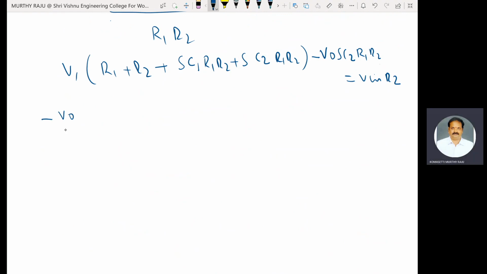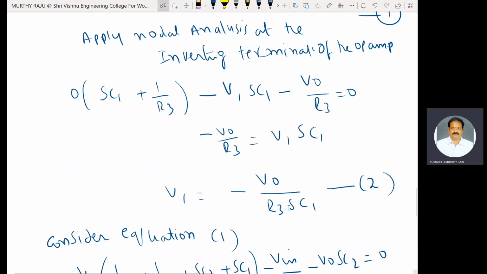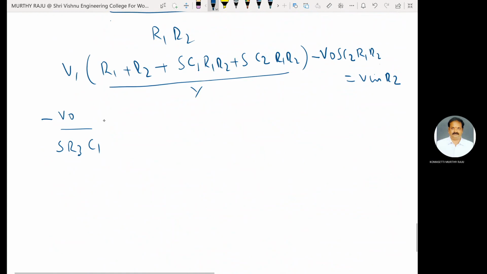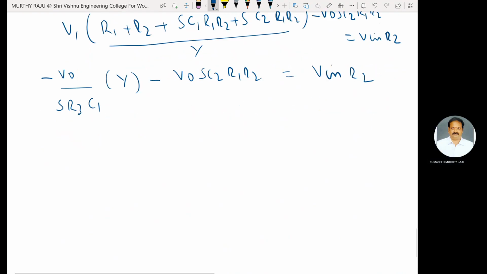Let the entire term be Y. Minus V0 by S R3 C1 into Y minus V0 SC2 R1 R2 is equal to V in R2.